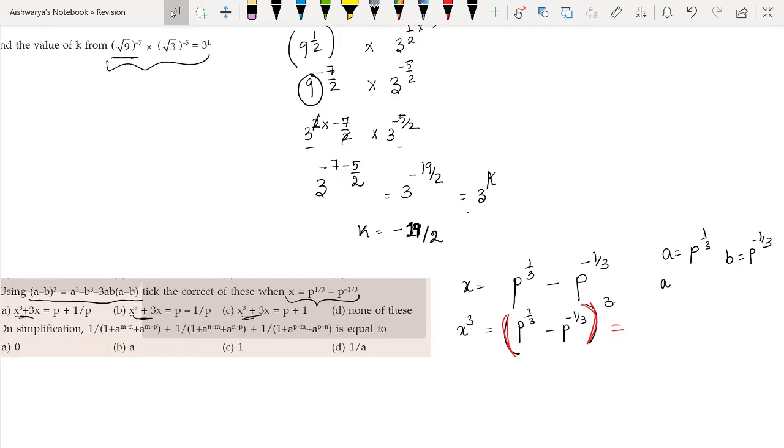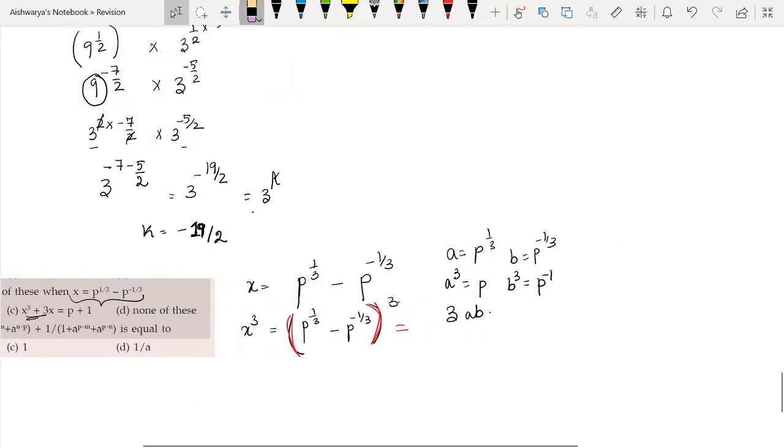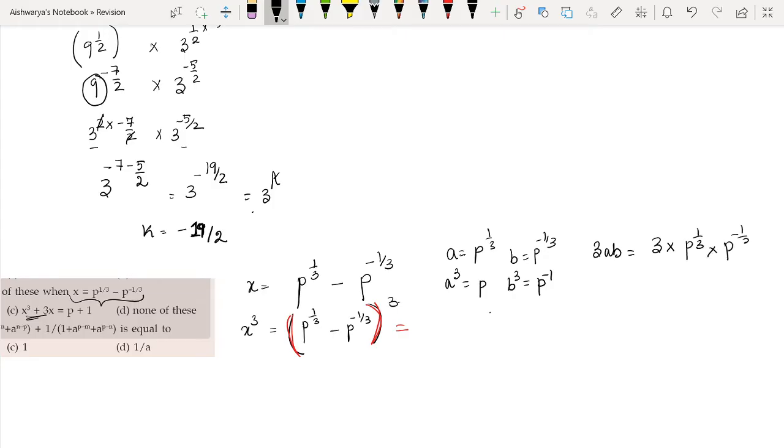So what is your a cube? A cube will be p. What is your b cube? B cube will be p power minus 1. Now what will be your 3ab? 3ab, let me write it here. 3ab will be 3 into a, which is p power 1 by 3, into p power minus 1 by 3.